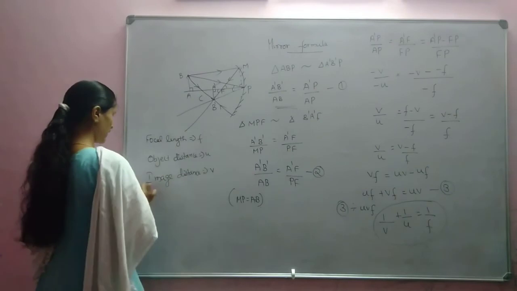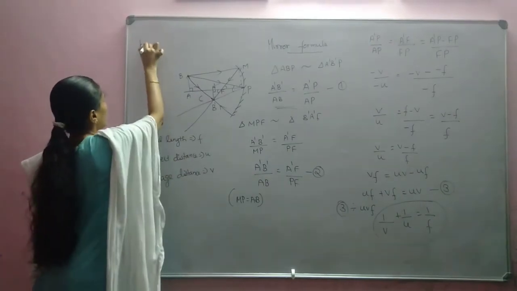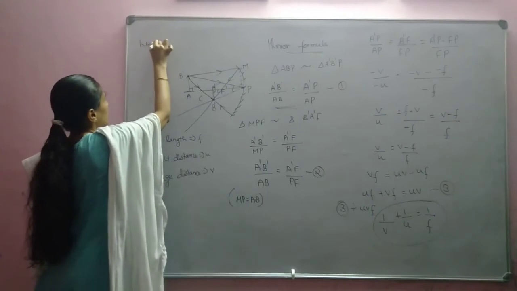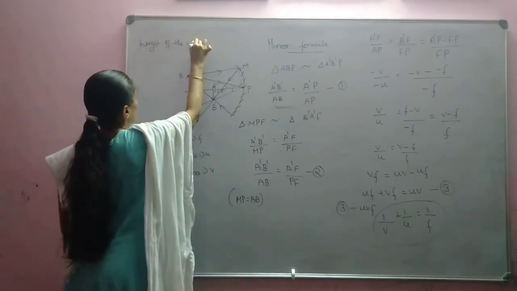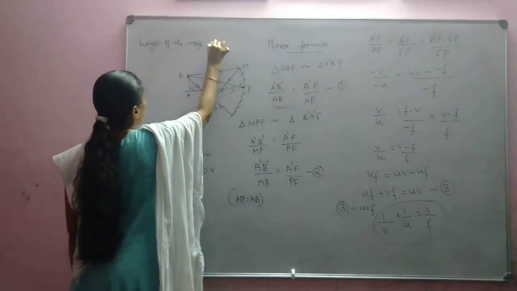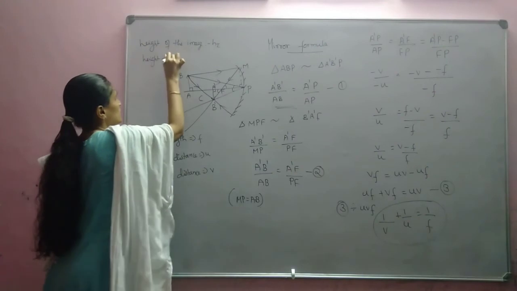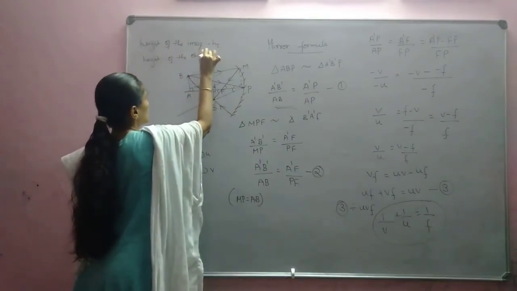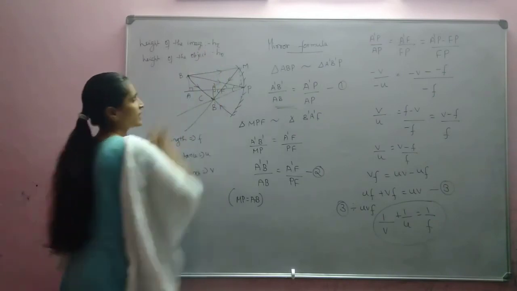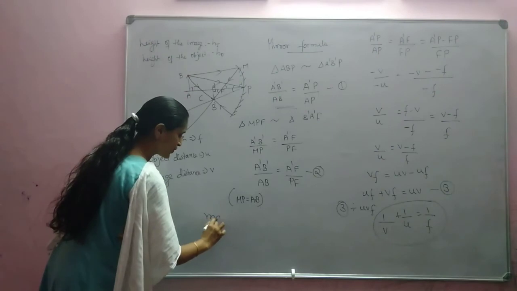So if we are writing height of the image as HI and height of the object as HO, magnification is defined as the ratio of the height of the image to the height of the object.